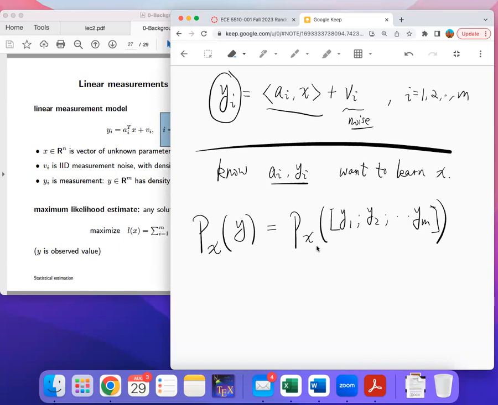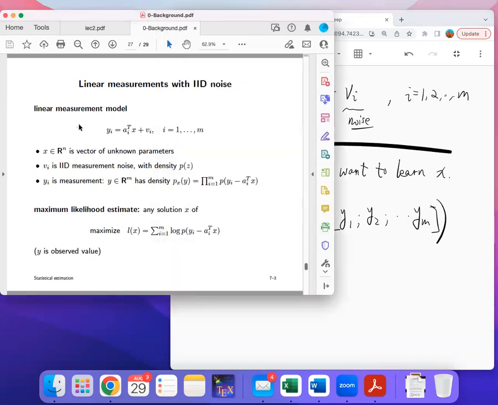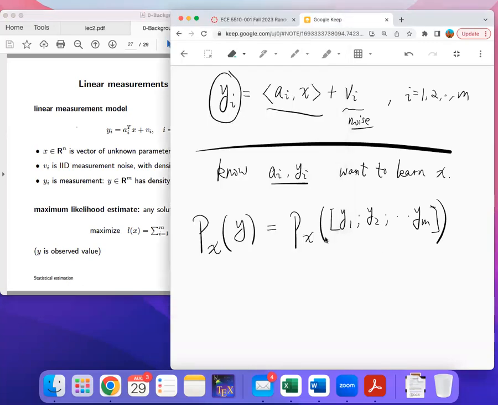And because each of these equations is independent, right? Because all the vi, all the noise are independent, and all the ai are just different. So basically all these yi are independent. So they are equal to the product of every observation, right, by the independence in probability.